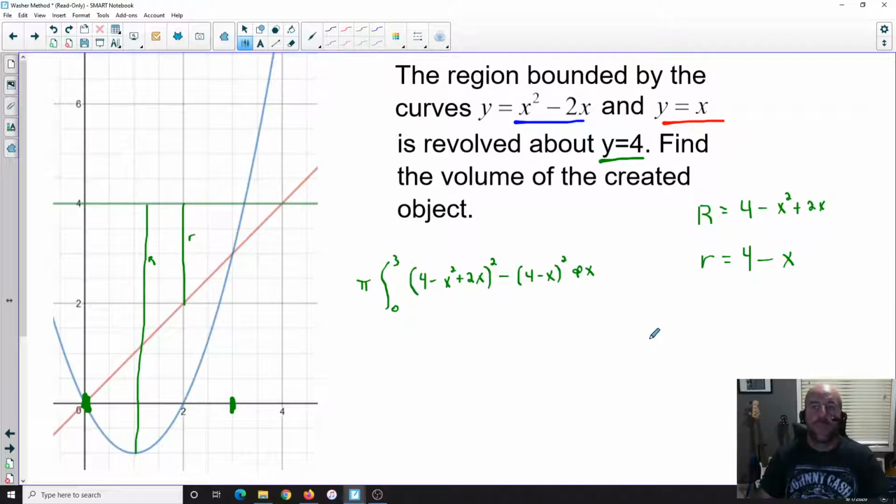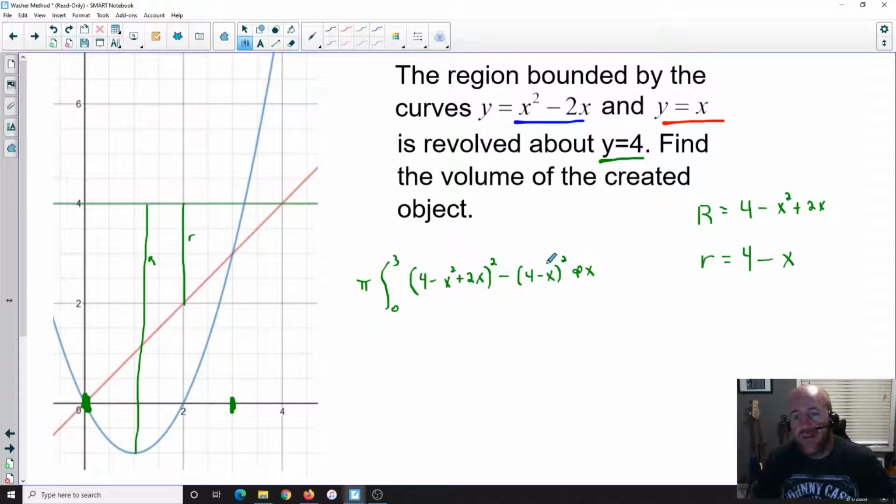Okay, so if they want the setup of the integral, this is all we need to write. If they want you to solve it, it depends on if it's a calculator problem or a non-calculator problem. So obviously, for the calculator problem, we just throw that in, we get an answer, and we're done.